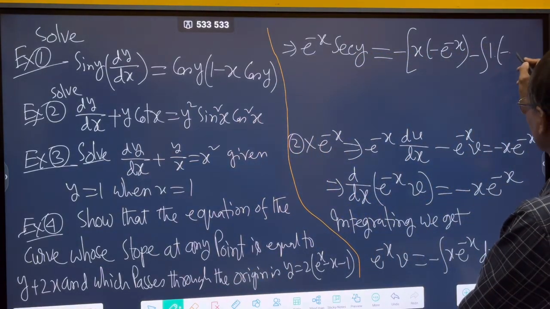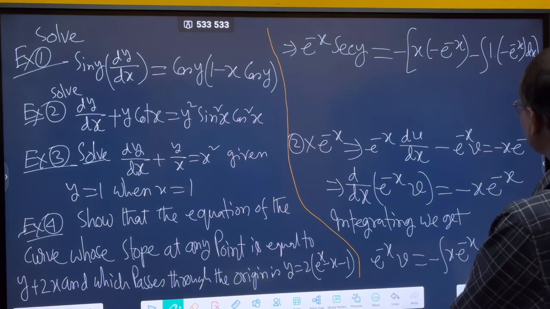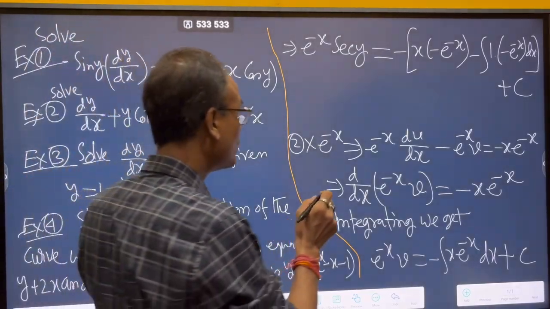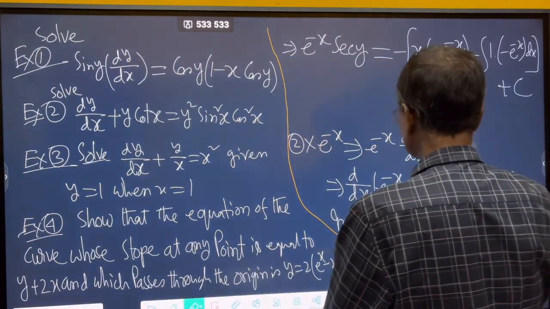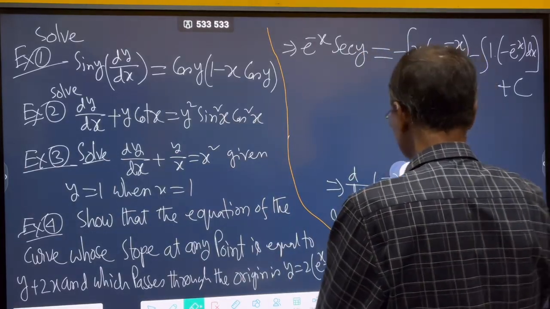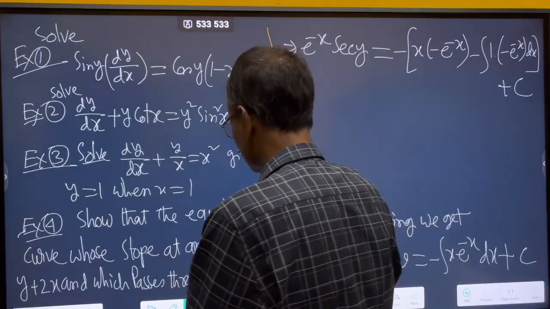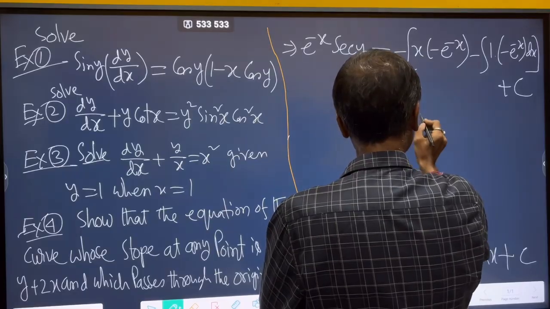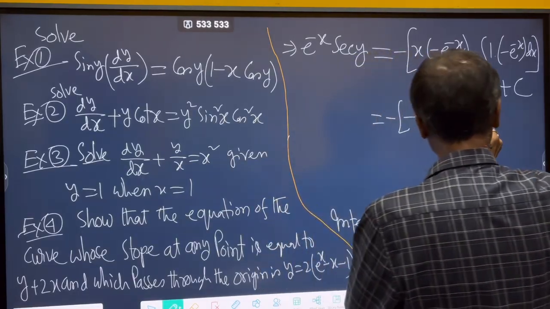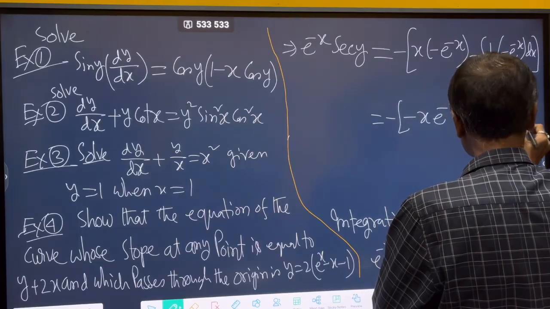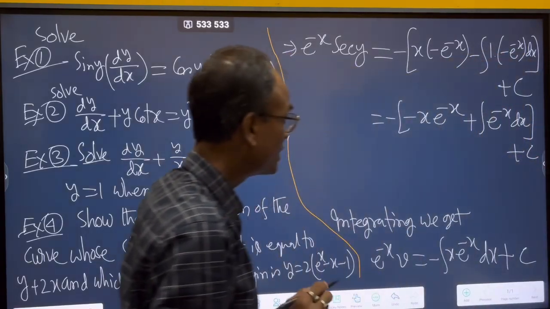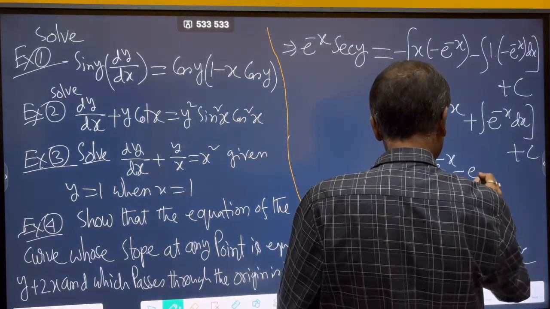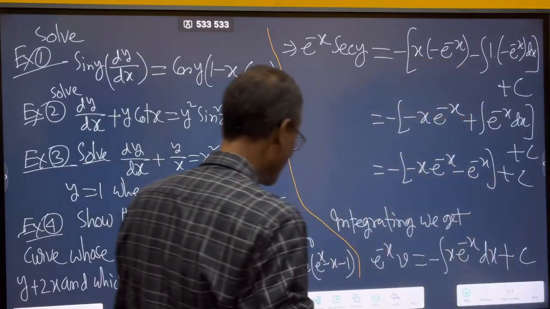So it is equal to minus x e to the power minus x plus integral e to the power minus x dx plus c, which is equal to minus x e to the power minus x minus e to the power minus x plus c.